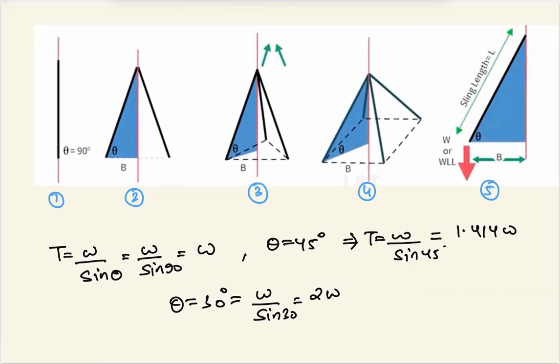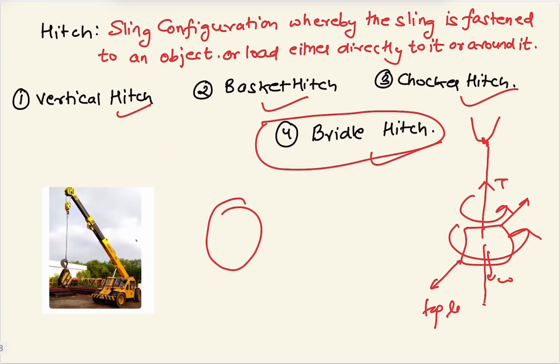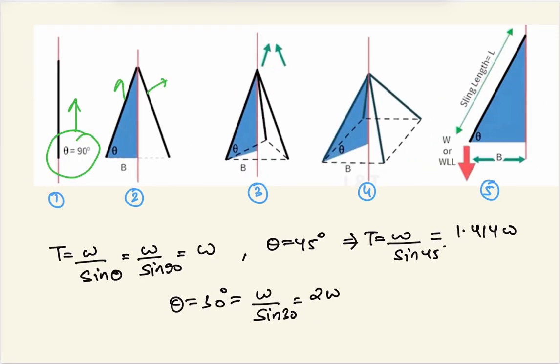Now, how does this angle vary and how does this angle affect the tension? When theta is equal to 90 degrees, it is the vertical lift. Here we are using the two bridle hitch. This one is the two bridle hitch, this one is the 3 bridle hitch, and this one is the 4 bridle hitch.